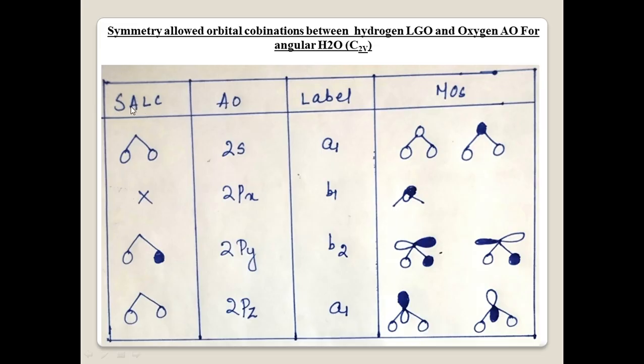This is the AO, atomic orbital, level and molecular orbital level, right? See what is important here.